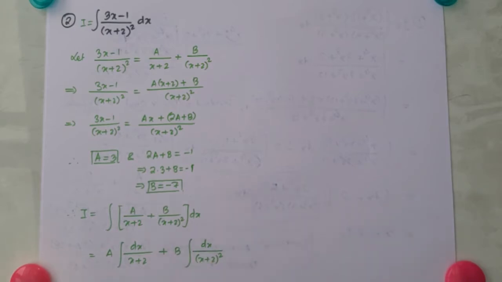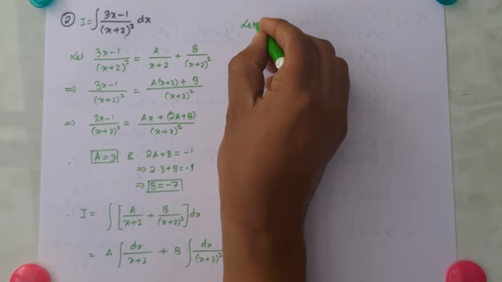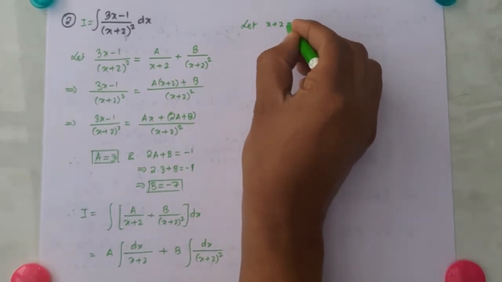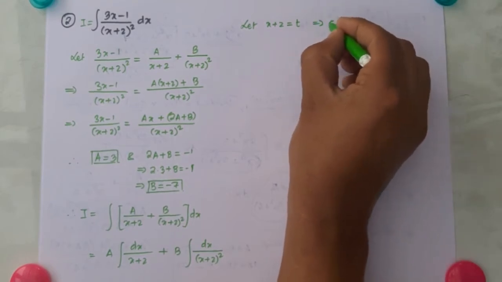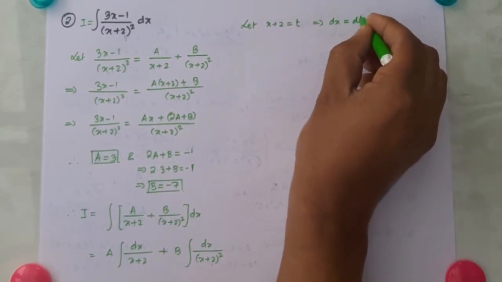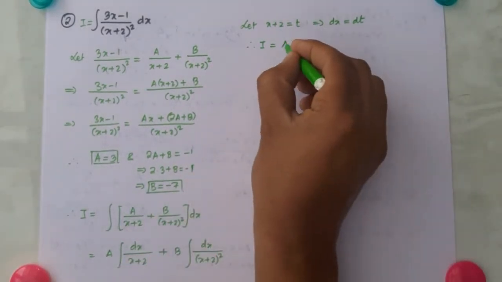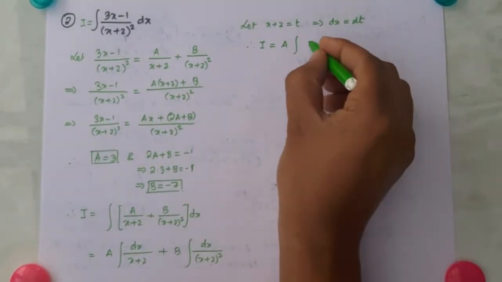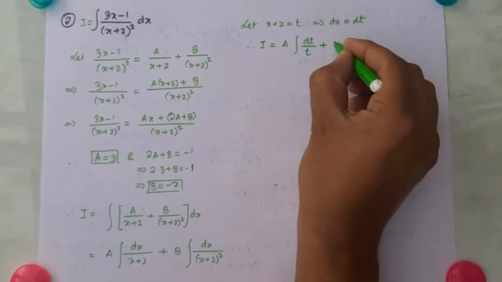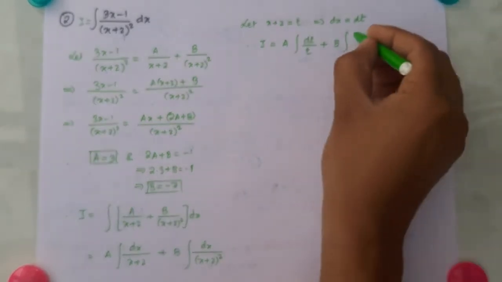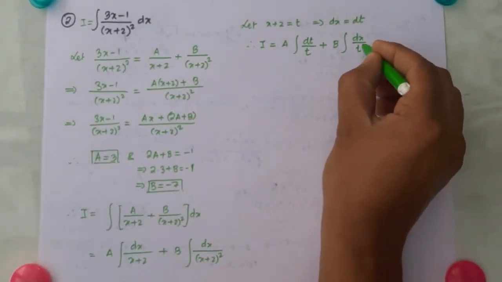Okay, first let's do substitution here. Let x plus 2 is equal to t. So from here what do you get? You get dx equals dt, isn't it? So therefore your integral I will change into a integral dt by t plus b, and in the same way we have dx by, this is t, so this becomes t square.